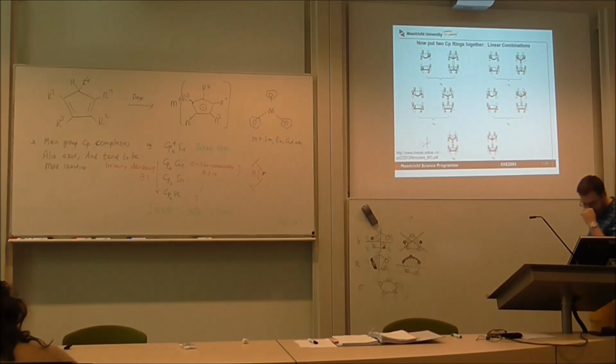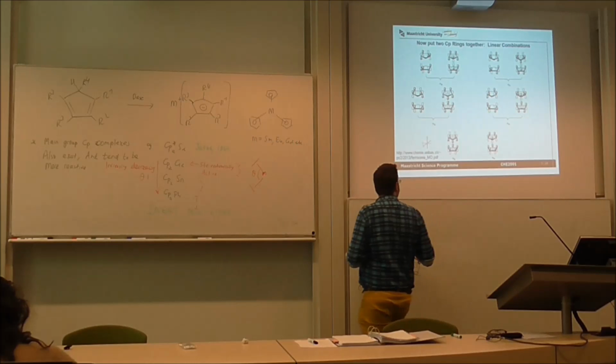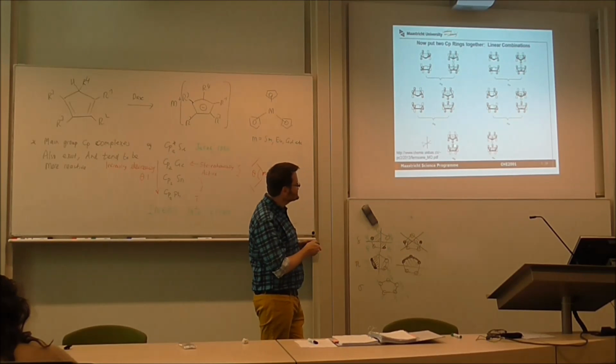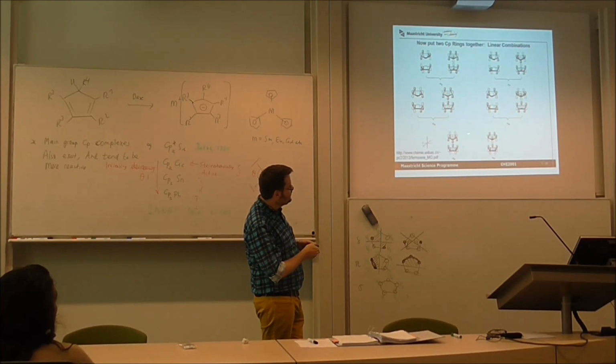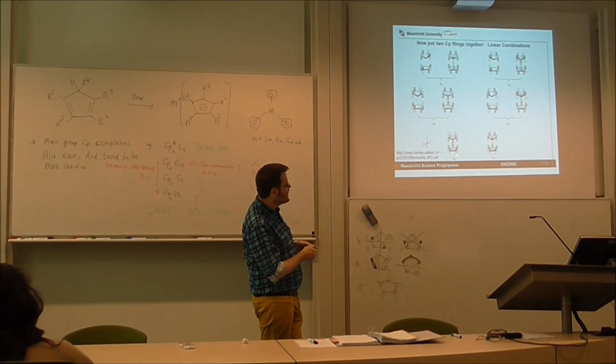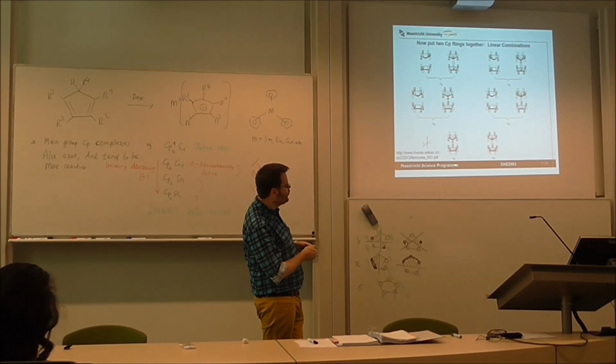So if we put 2 Cp rings together, I can have 2. In this case, it's phi 1 minus phi 1. Look, the phases are different. Here it's phi 1 plus phi 1. The phases are the same. So there are 2 possibilities, and they happen to have a symmetry called A1g and A2u.